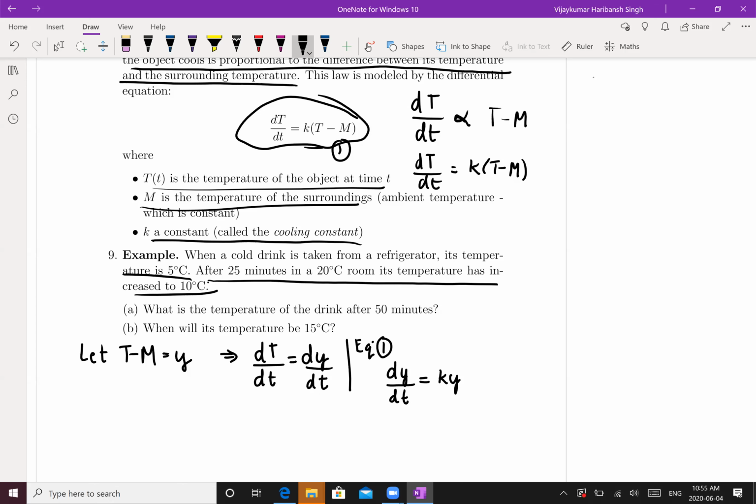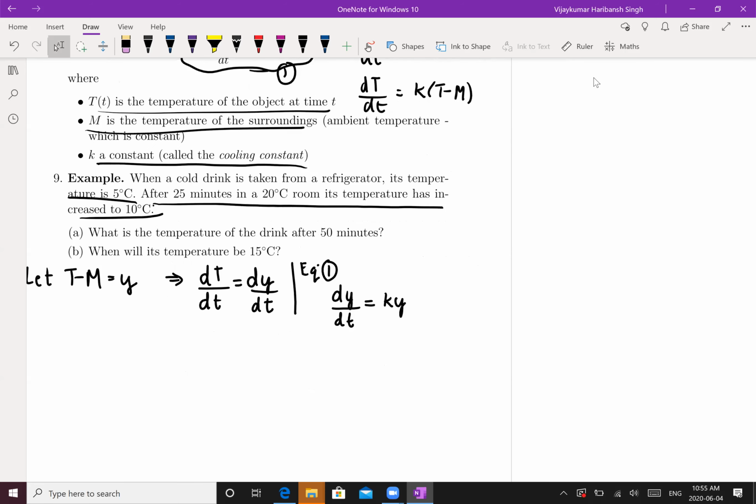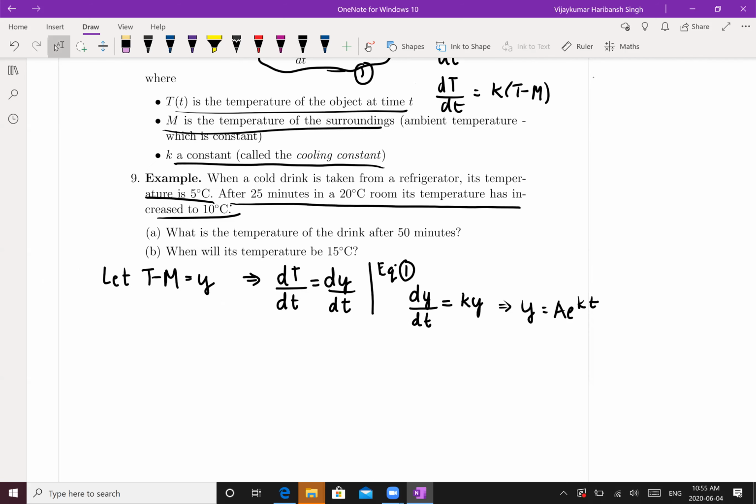So what is the solution to this? The solution is given by y equals some constant times e to the power kt, right? So this will be the strategy while solving this problem, okay?